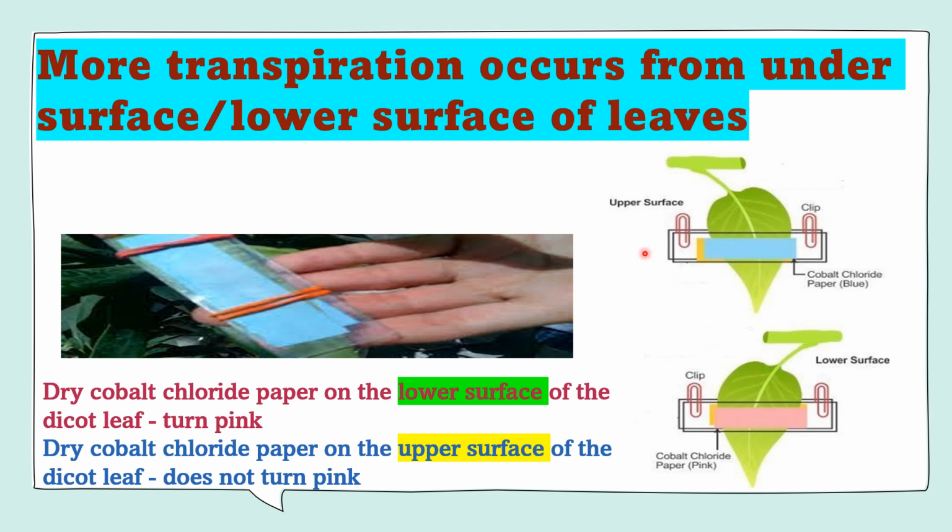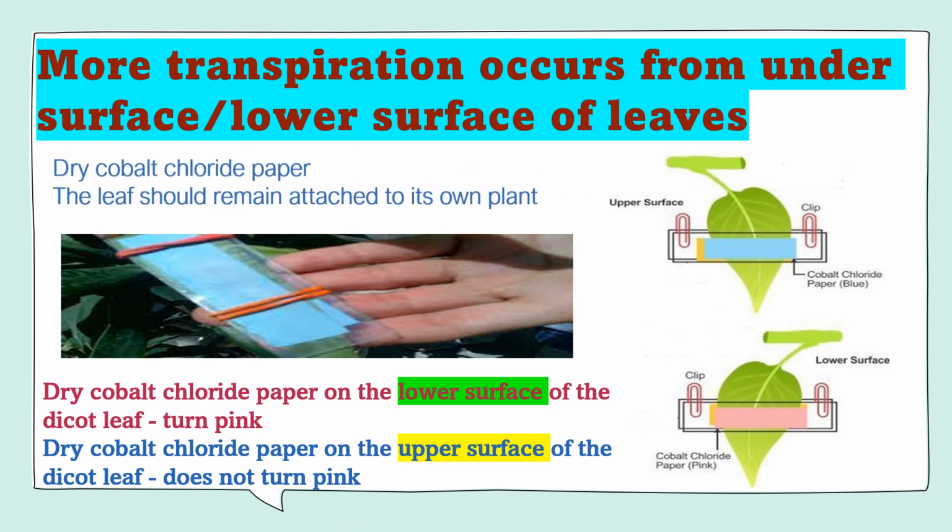The leaf should remain attached to its own plant. That is a very important point you have to remember while doing the experiment. The cobalt chloride paper should be dry, that is, it should be blue in color. Then the leaf should remain attached to its own plant.